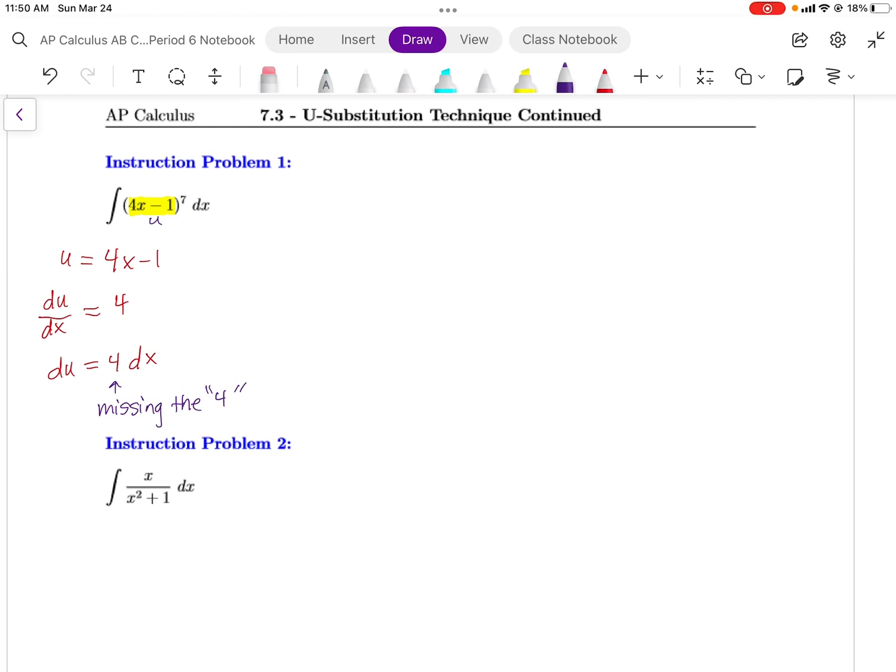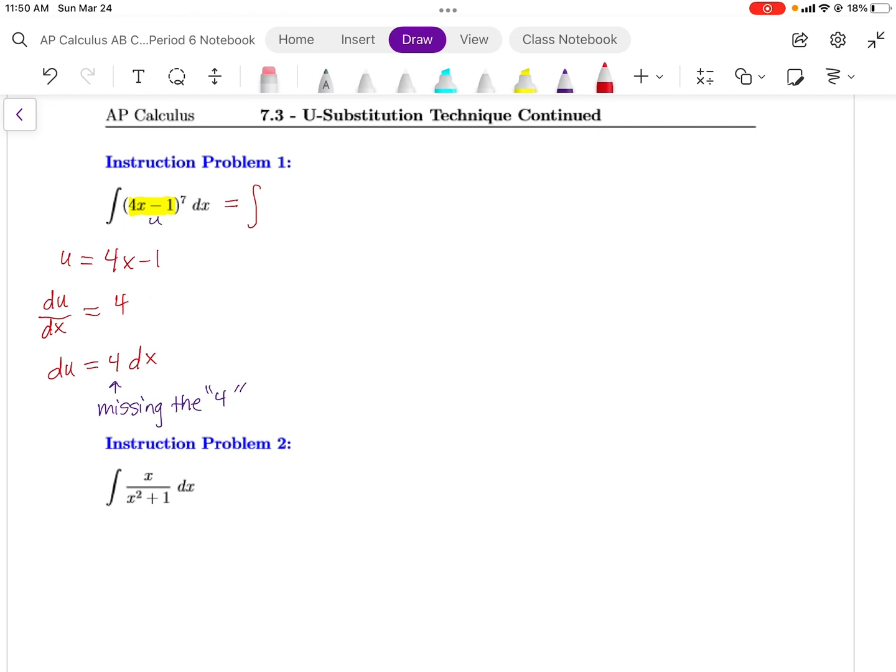So what we're going to do is this algebra trick in math. If I multiply by 1, that's not changing the expression, right? But you might be like, well, how is that going to actually help us? So the idea is I'm going to force a 4 to appear by multiplying by both 1/4 and 4.